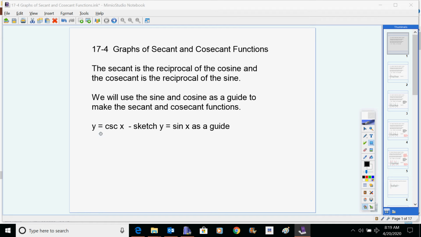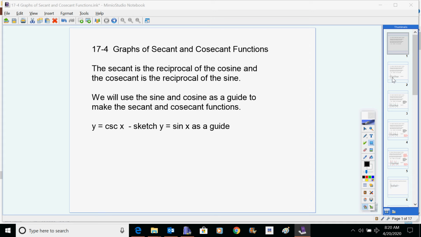So when we begin to think about our cosecant, if you remember, it is a reciprocal of the sine. So we really need to consider what the sine graph looks like first, and we're going to use that as a guide when we're thinking about the cosecant graph.